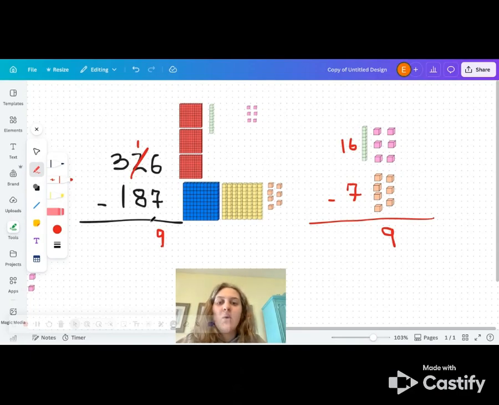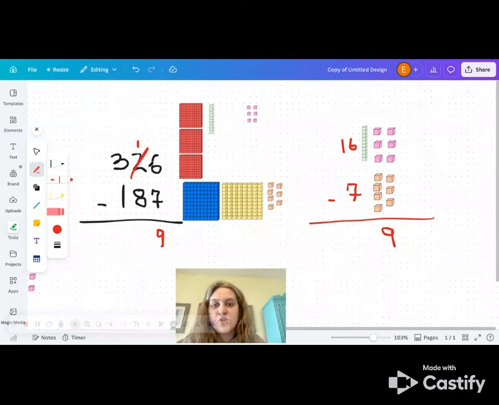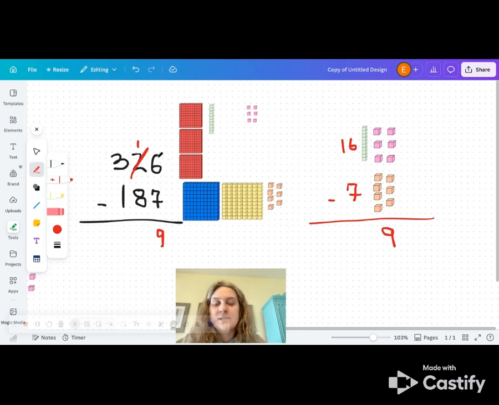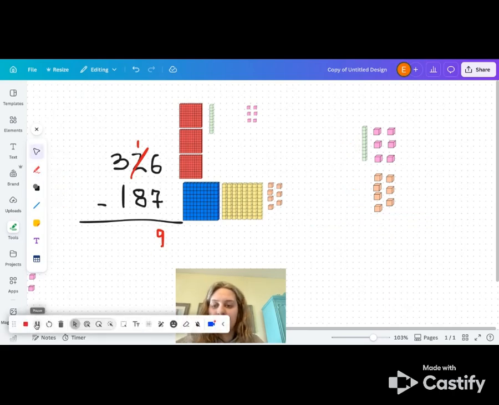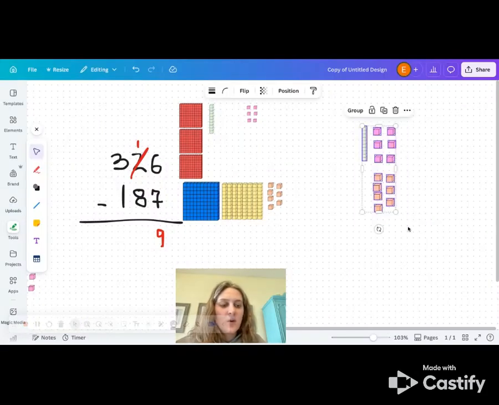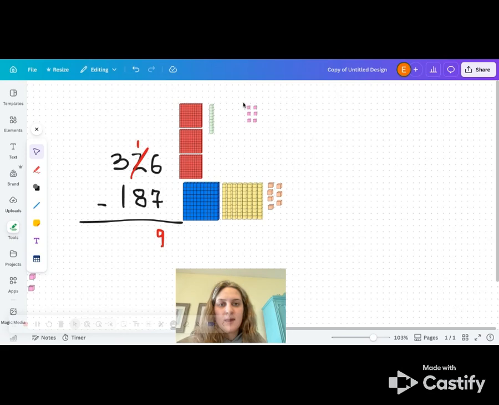And so we will now have 1 ten in the tens place because it has been regrouped over to the ones place to do the subtraction to get 9 in the ones place. So now that we have dealt with our ones place, we can get rid of that representation. So now we are going to look at the tens place.